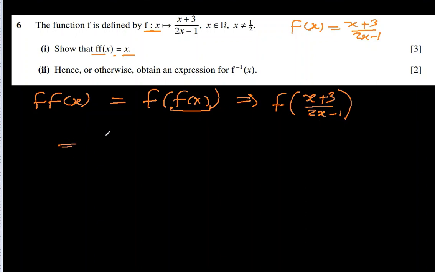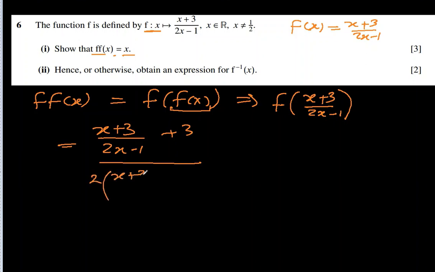So let me do this. The first x is replaced by x plus 3 over 2x minus 1. Then we have plus 3. The denominator 2 remains 2, but x is replaced by x plus 3 over 2x minus 1. And then we have minus 1. Our target is to get x.